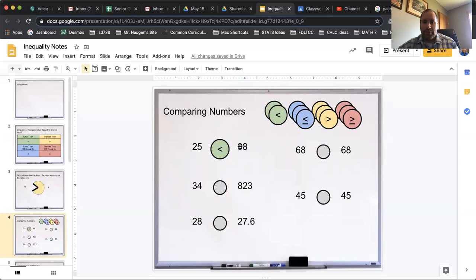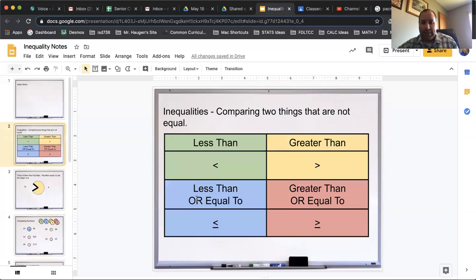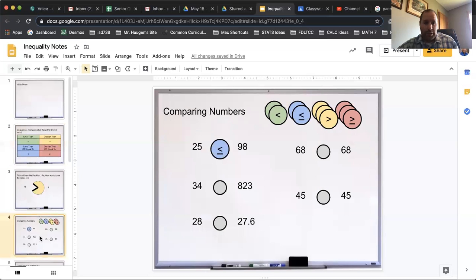Notice I've pointed the larger side at 98. That would be perfectly fine. I could also use this blue one here too. That would be perfectly fine also, because even though it's not equal to, the word we read here is that it is less than or equal to. So it would still work. Either one of those would.